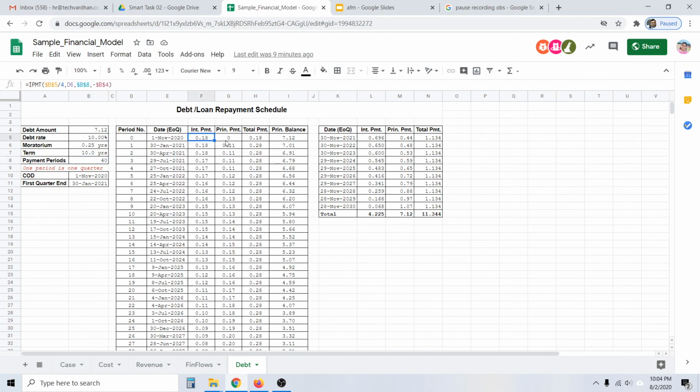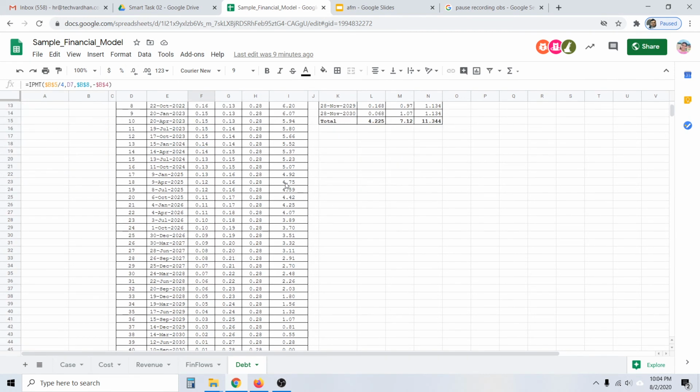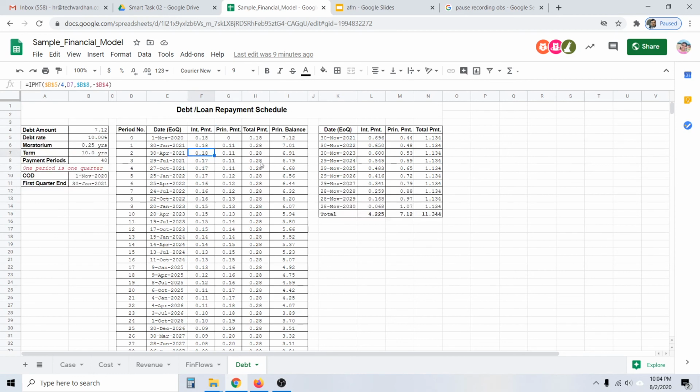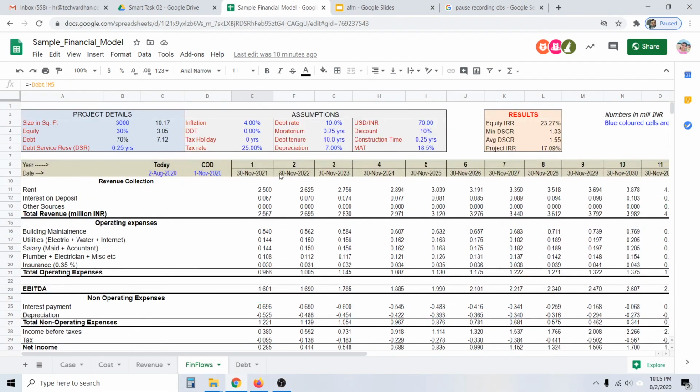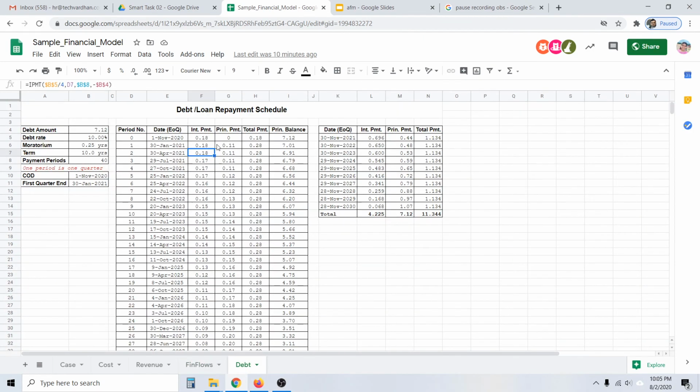So again you use the PPMT, PMT and IPMT functions and calculate this debt repayment. And then since here one period is 3 months, but in FinFlows our period is 1 year, right? So we need to combine these things and put in here as every year how much you are paying.